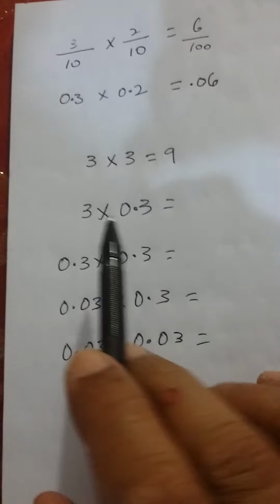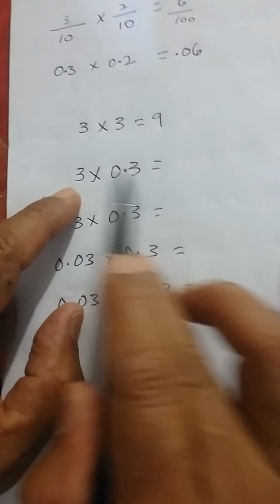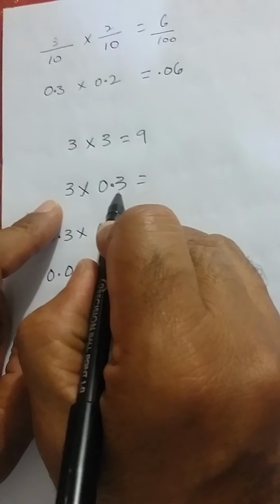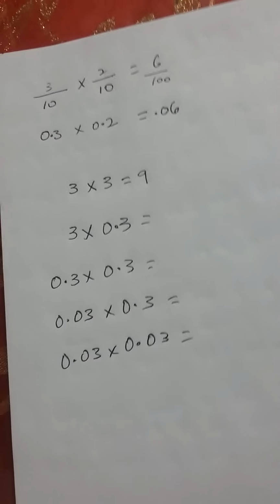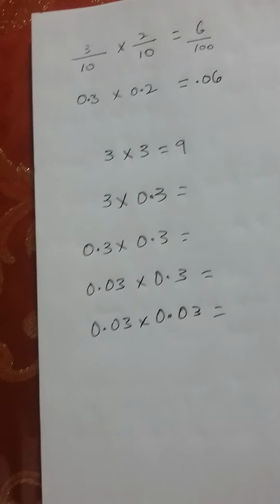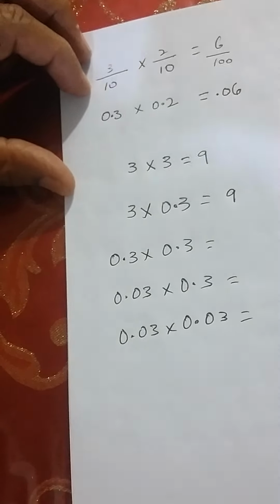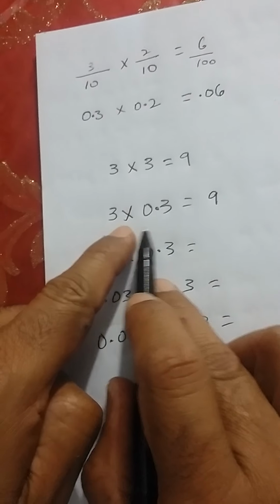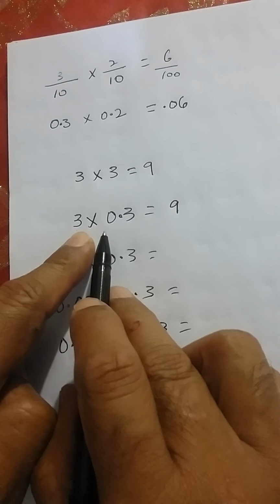Now observe what I'm doing. 3 times 3 tenths. So I look at 3 threes. I am forgetting about the point for a while and I'm multiplying. So I'm just saying 3 times 3, 9. When I'm finished multiplying, I check to see how many digits I have after the point.